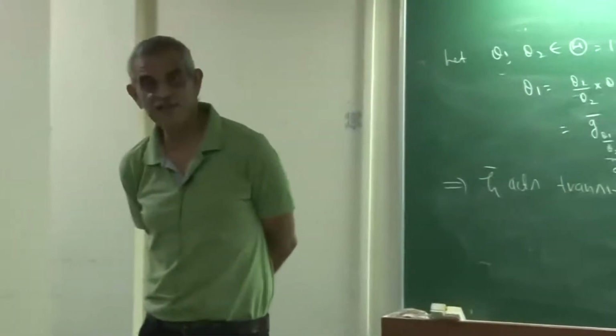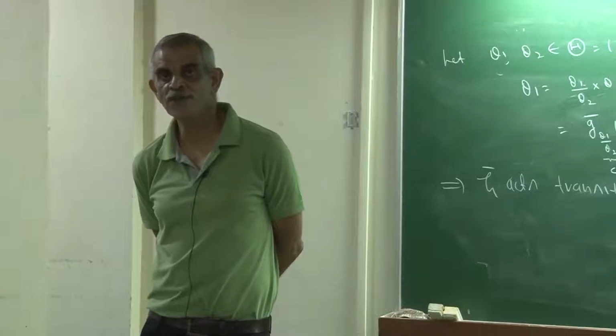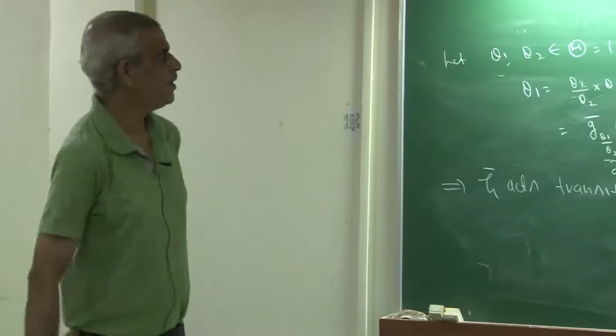Now we have seen that if G bar acts transitively, then we have a lot of advantage. Because now the risk of any invariant estimator no longer depends on theta.